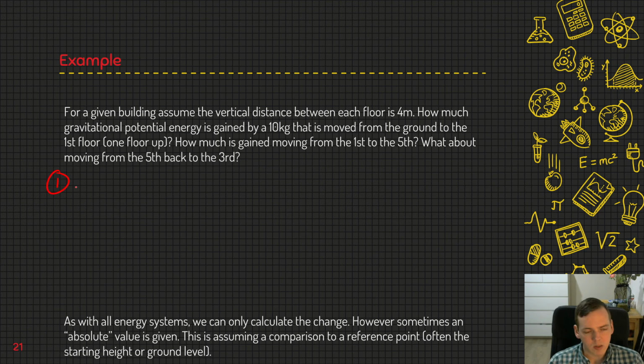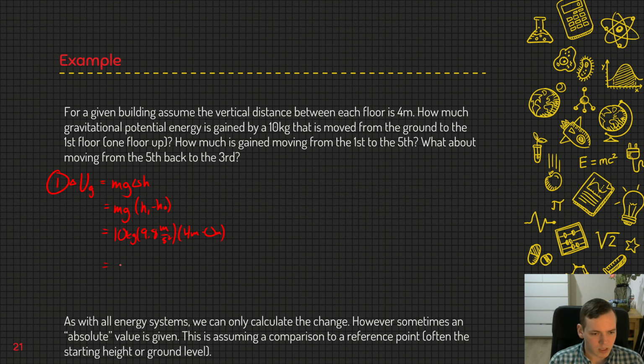So in case 1, the change in UG is equal to mg times the change in h, which is mg times h of floor 1 minus h of floor 0, which is equal to 10 kilograms times 9.8 meters per second squared times 4 meters minus 0 meters.